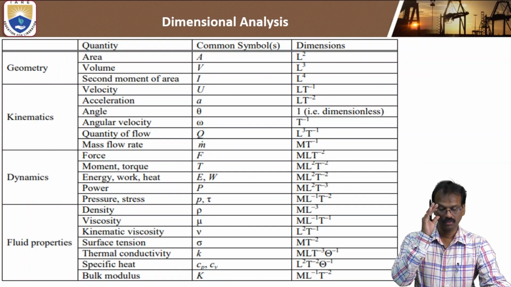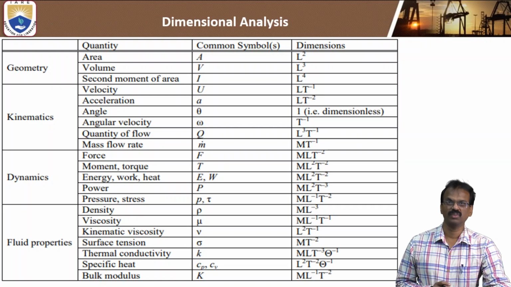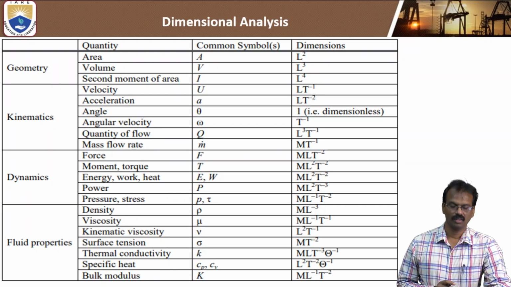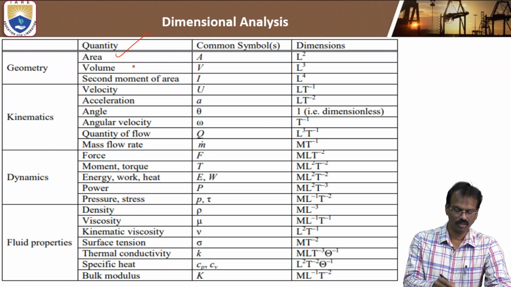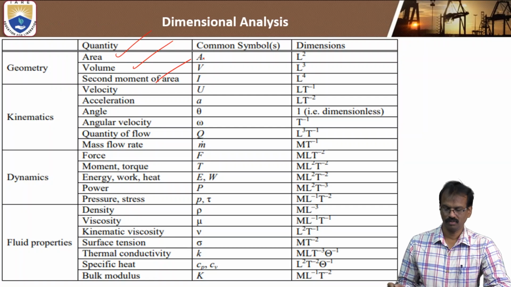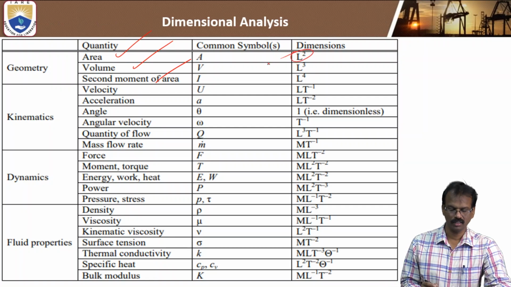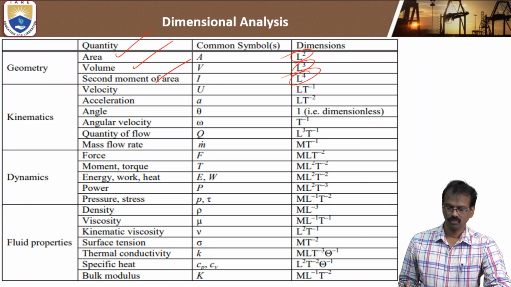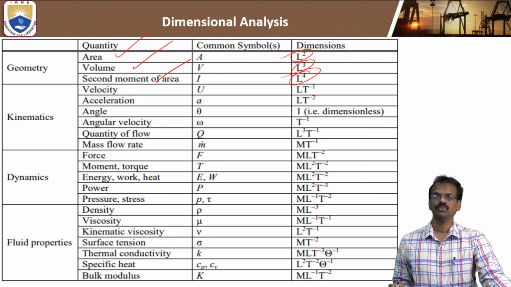These are the dimensions of different parameters or variables: area, volume, moment of inertia. Area means length into length, so the dimension is L square. Volume is L cube. Moment of inertia is L to the power of 4.